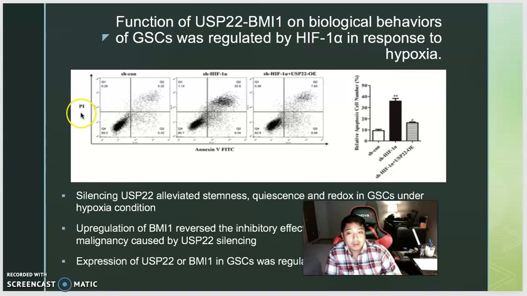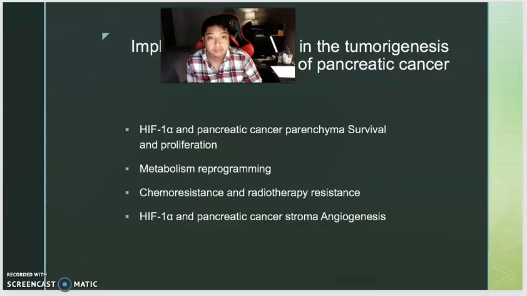The increase of the apoptotic number of GCs induced by HIF1 depletion was reversed after the expression of USP22 OE transfection. In this article, they concluded that the function of USP22 and the site of BMI1 was actually regulated by HIF1 alpha in response to hypoxia.